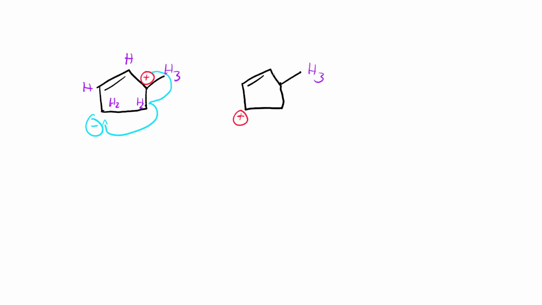And H3. H3 is the same. This is 1, 2, 3. This is also H. This one right here would actually need a hydrogen, okay? This has H2, and this has an H right here.